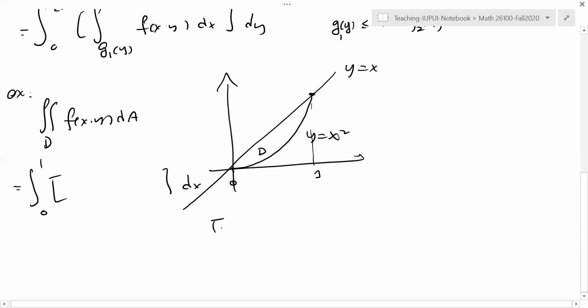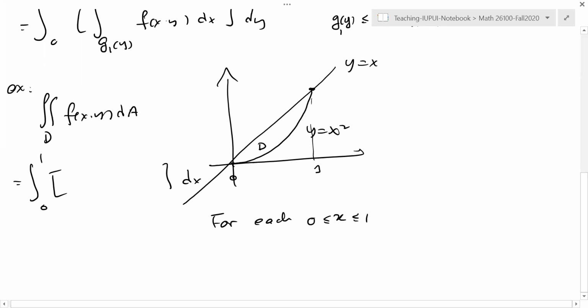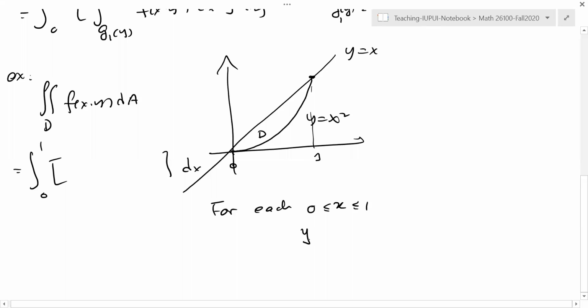Then for each x, I really want you to write down this kind of sentence here, especially those students who made mistakes on the iterated integrals. You need to write down this sentence when you do the homework: for each x, what are the values for y? You draw the picture, repeatedly. I have to say that.